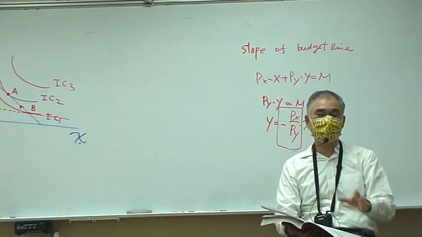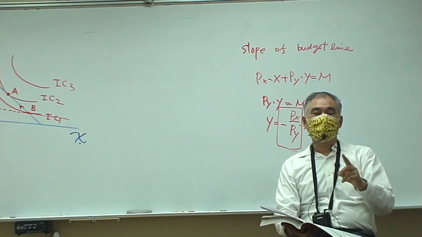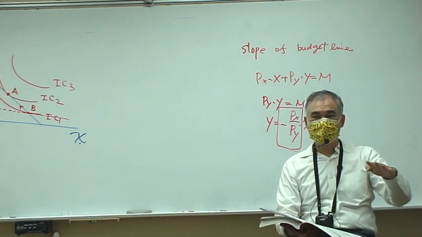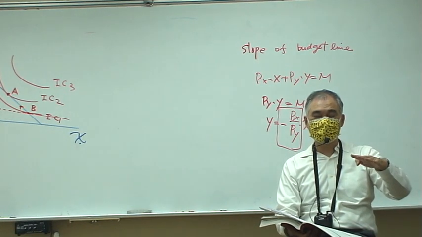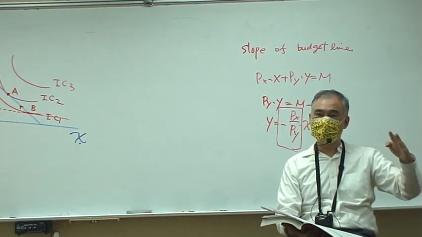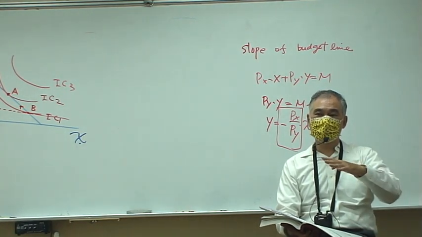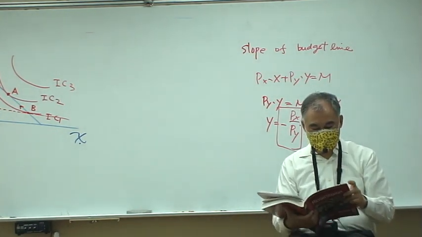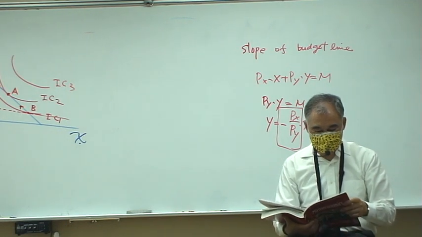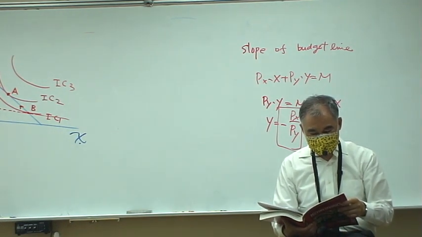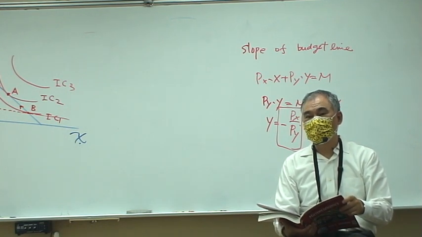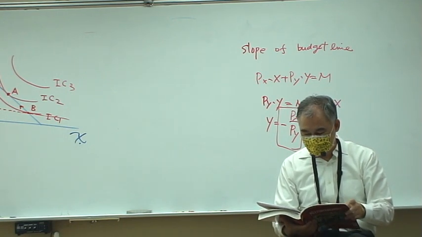This is a situation where no one wants to change. If someone gets better off, some other people will get worse off. So tell us which of the following is a Pareto improvement. Pareto improvement means everyone gets better.